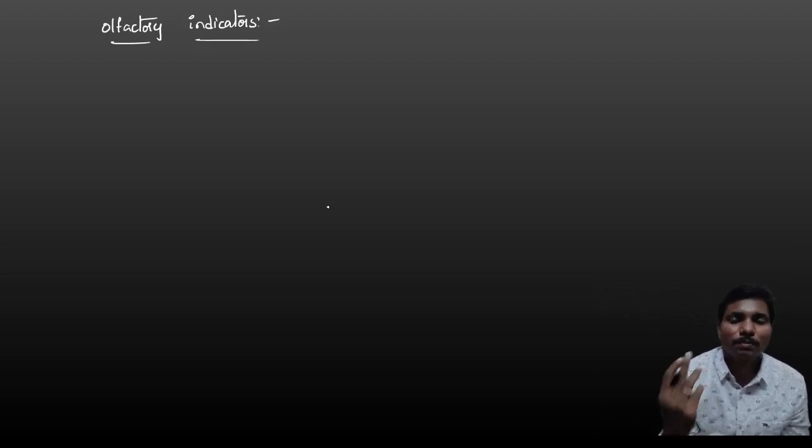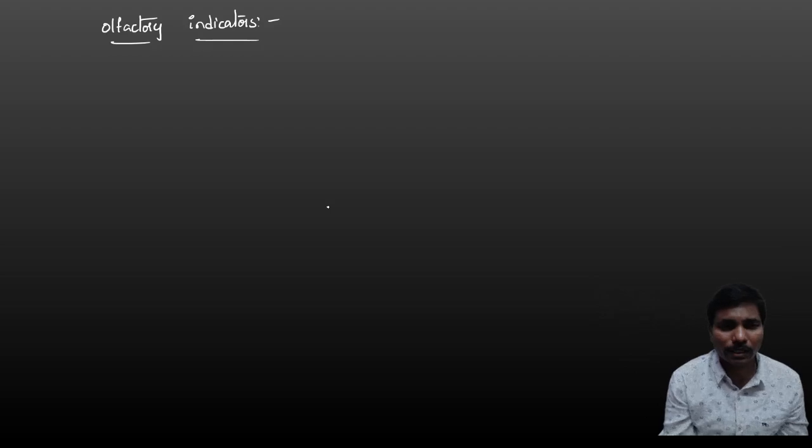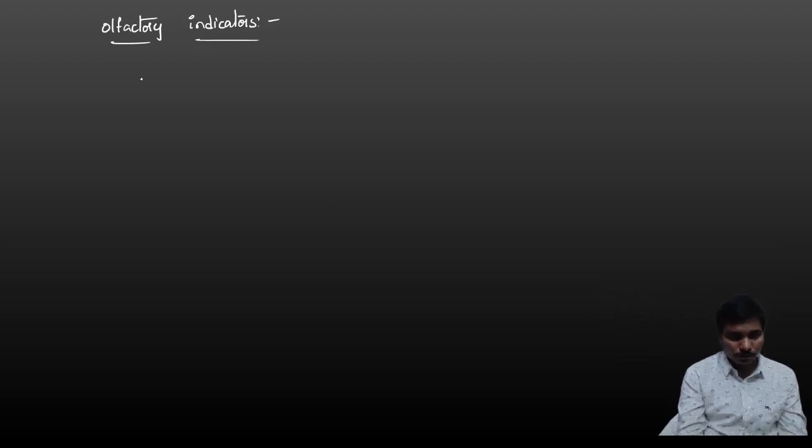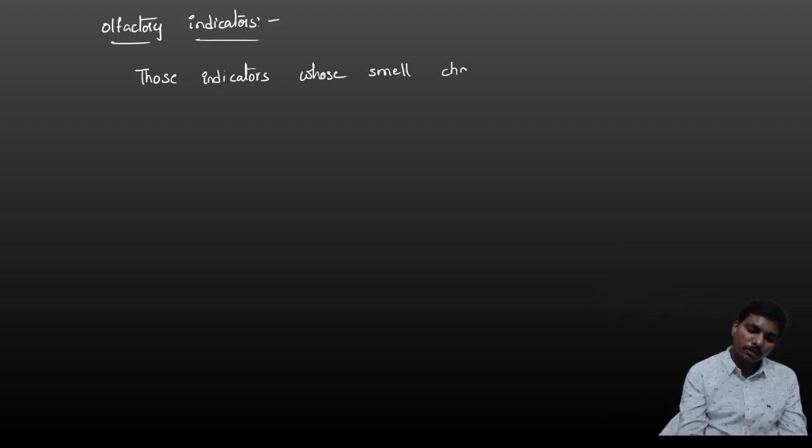That means if the smell changes, that belongs to acid or that belongs to base. Okay, so note down: olfactory indicators are those indicators whose smell changes in acidic or basic solutions.